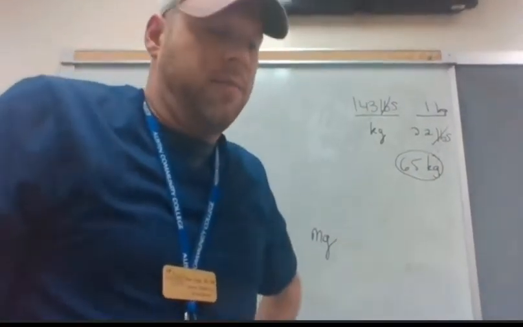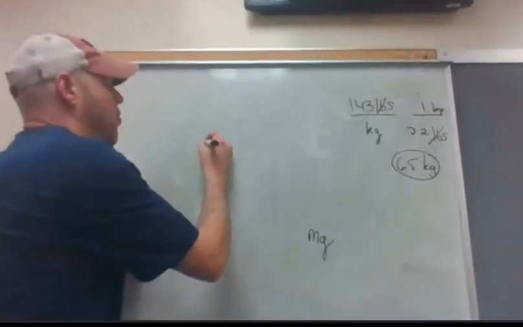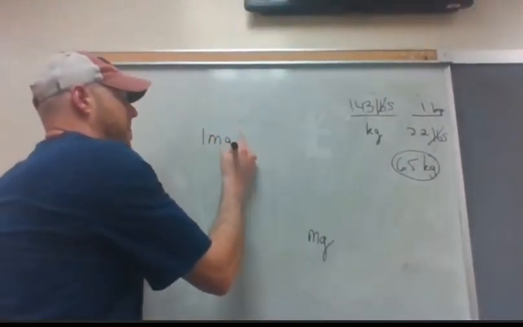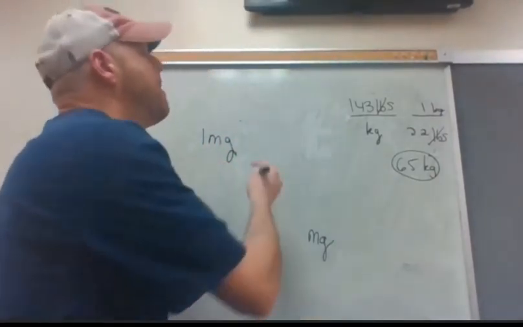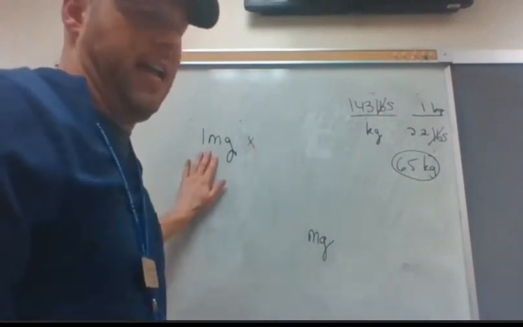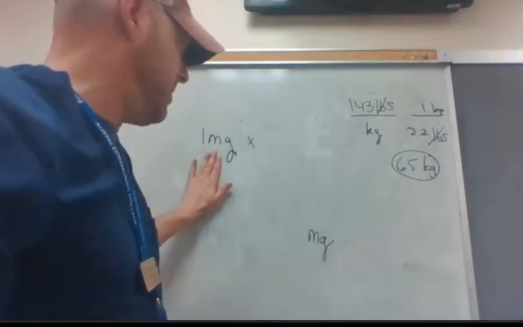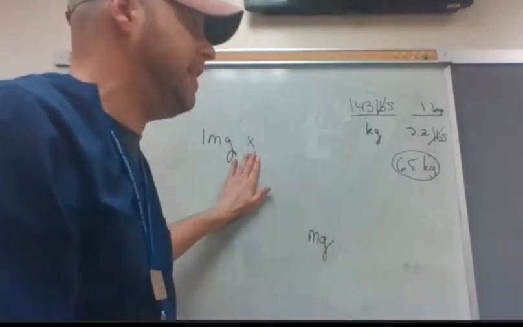in your weight problem, okay, the doctor has ordered 1 milligram per kilogram. And per simply means multiply. So 1 milligram is what the doctor ordered per kilogram. But what's my new kilograms?